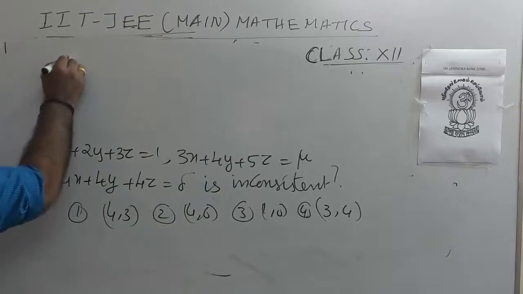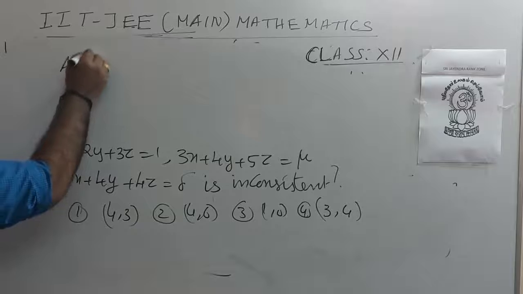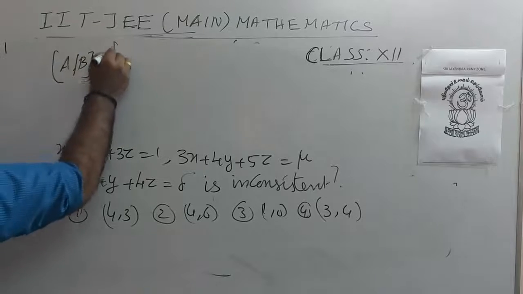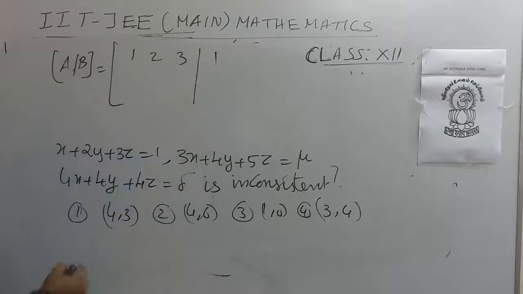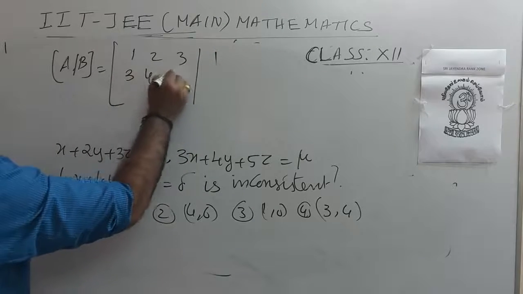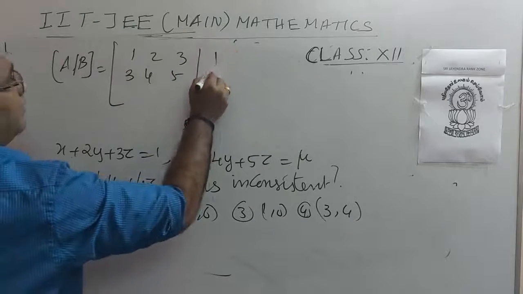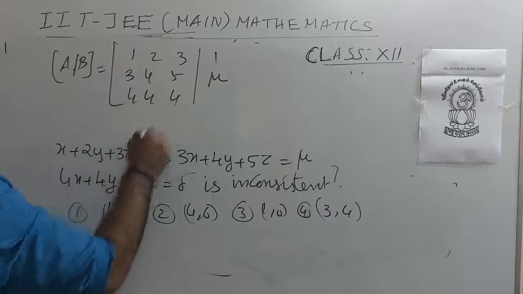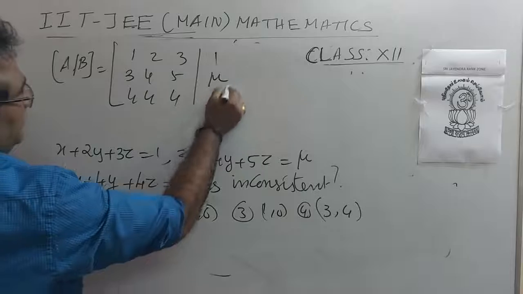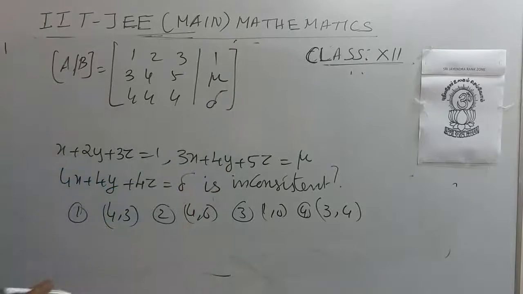First you form the augmented matrix. 1, 2, 3, 1; 3, 4, 5, mu; 4, 4, 4, delta.